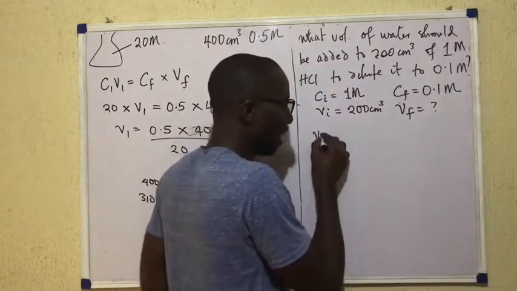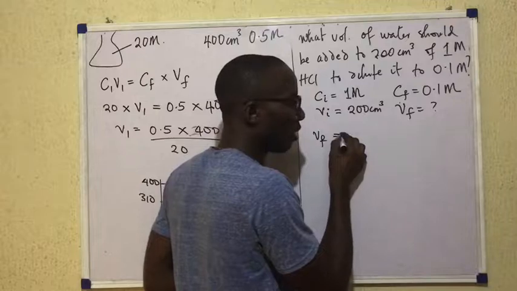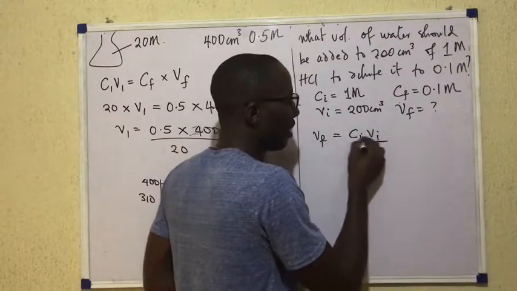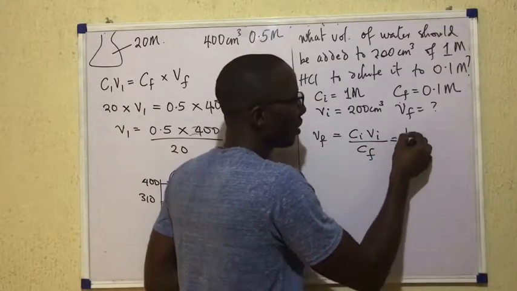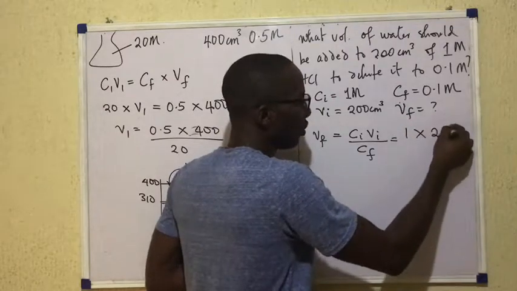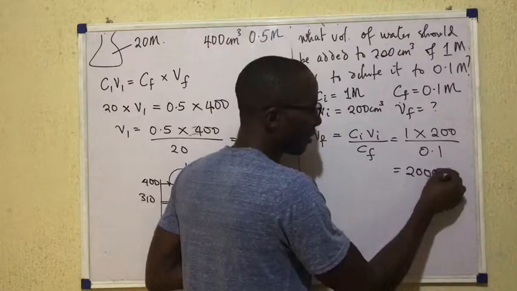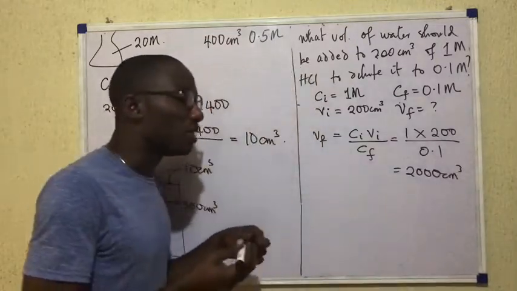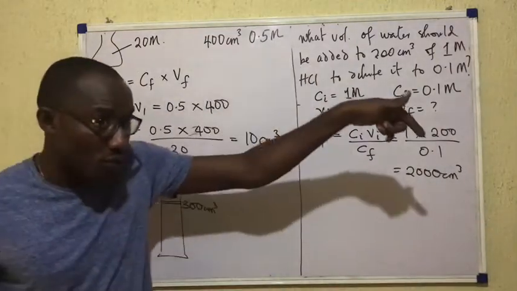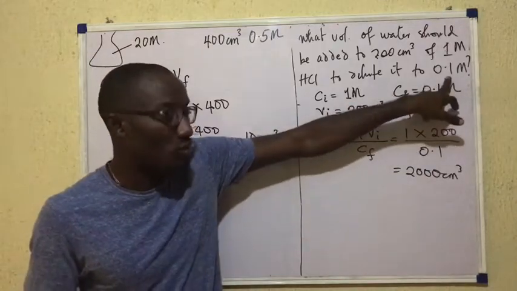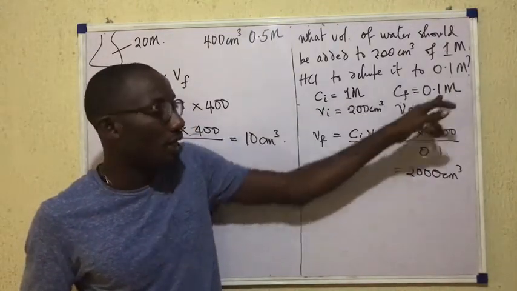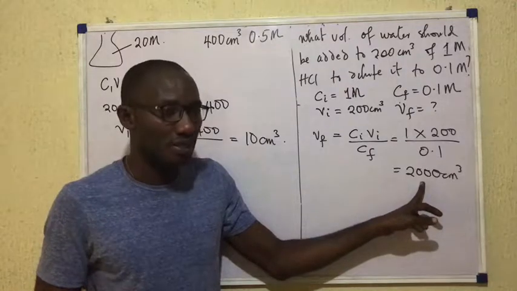Of course, VF from our initial formula becomes CI VI over CF, which is 1 times 200 over 0.1, and that gives us 2000 cm³. That means the volume, in order for the concentration to become 0.1, is 2000 cm³.